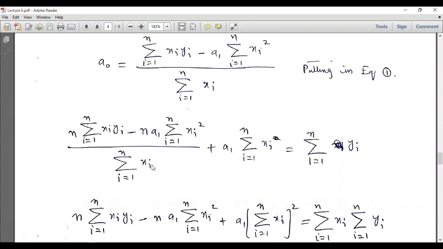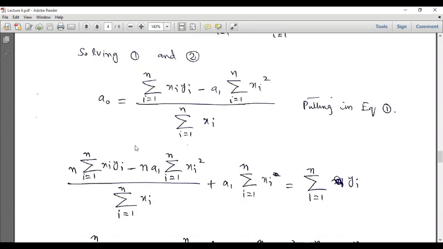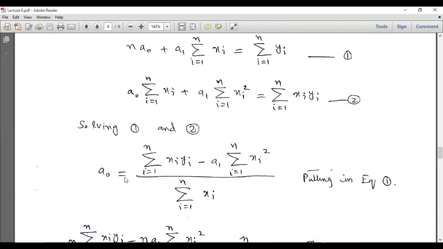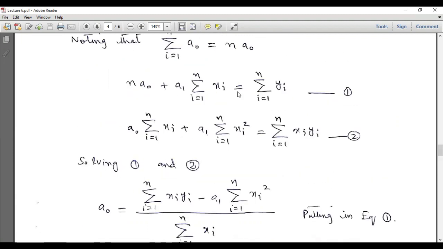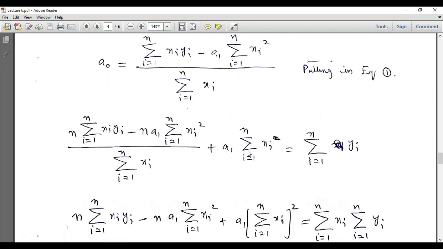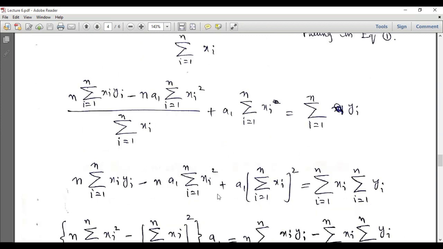So the first equation will become this term. This is n a naught actually. n a naught plus a1 times this summation is equal to this summation. These terms will remain the same. Here we can multiply the whole expression with summation i equal to 1 to n xi, and then it will become this expression.